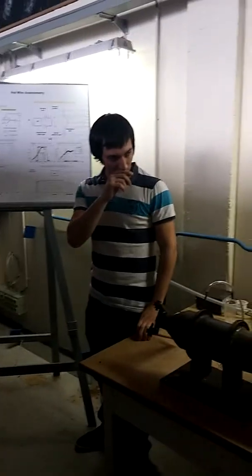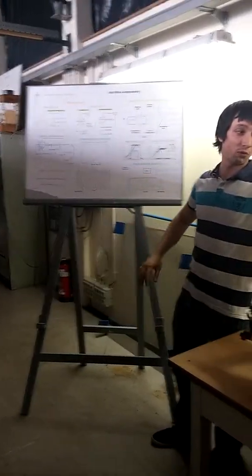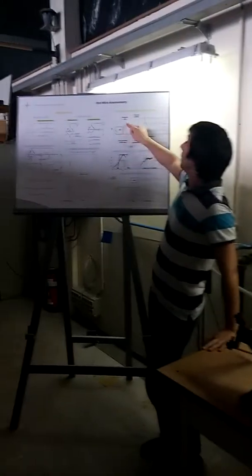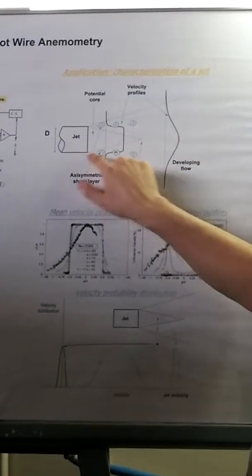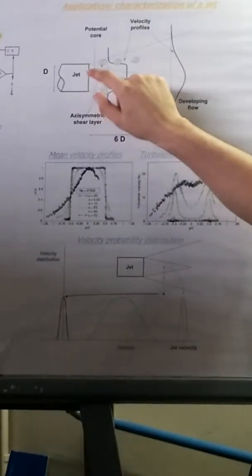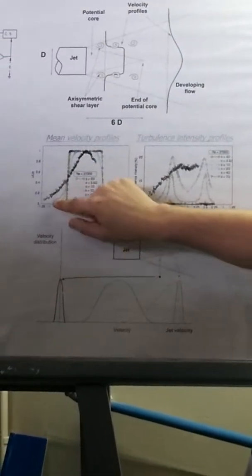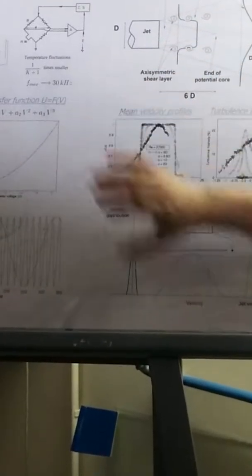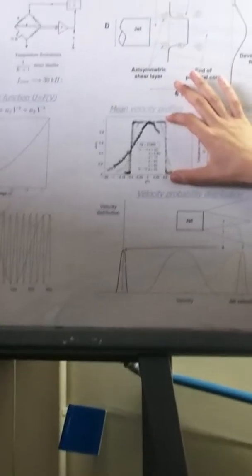One other thing about the static calibration. When you do static calibration with the nozzle, you have to be in this region of the jet, just in front of the nozzle. Why? Because in this region is the potential core. The potential core has the characteristic that, first, the velocity inside is very close to constant. Here we have a mean velocity profile.